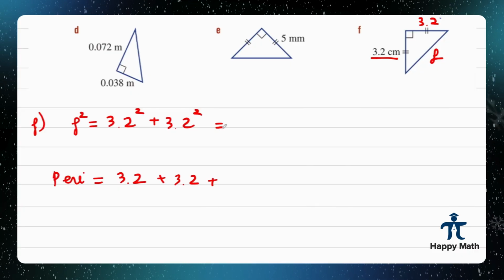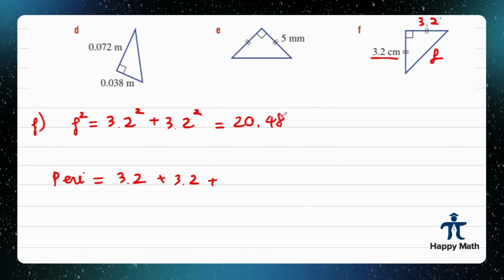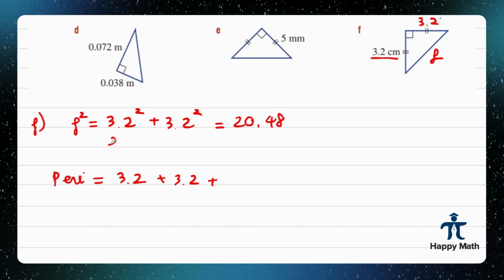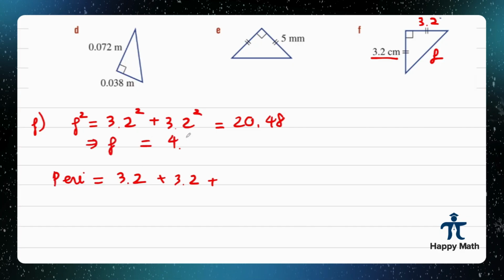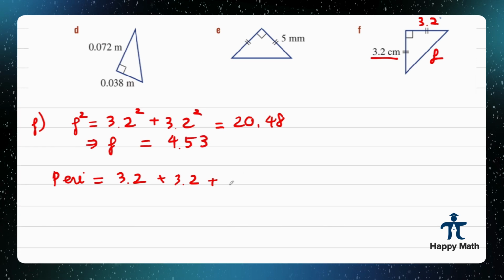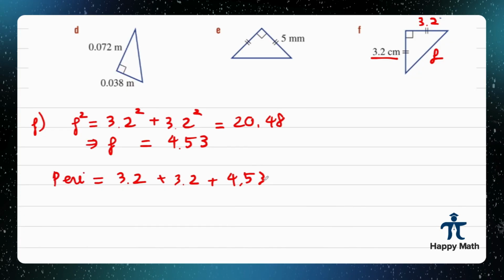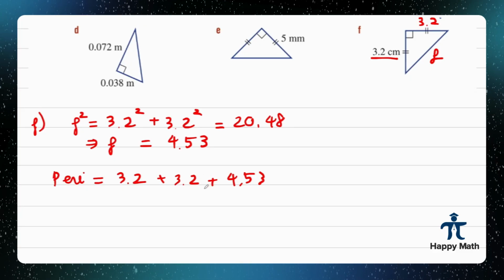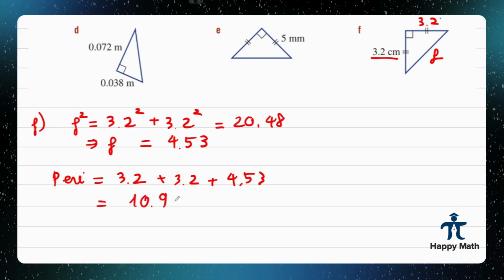Square and then multiply by 2, you get 20.48. The square root of 20.48 gives you the answer for question F. To 2 decimal places it is 4.53. Add 3.2, add 3.2 one more time, and here you get 10.93.